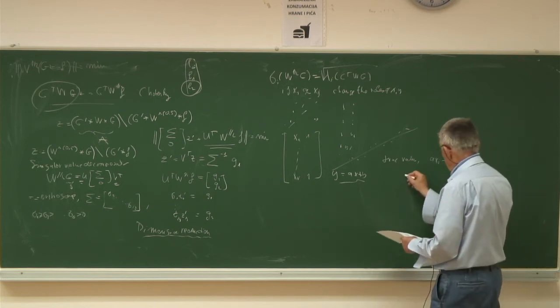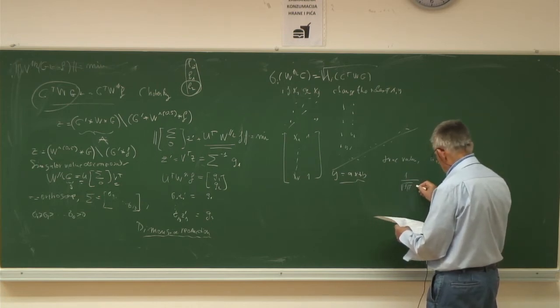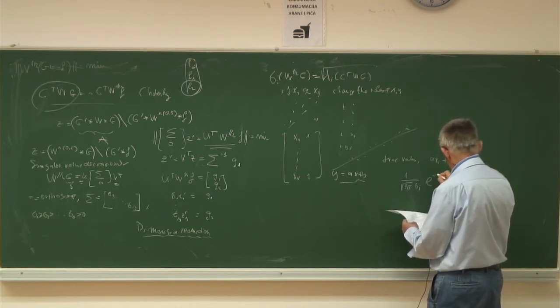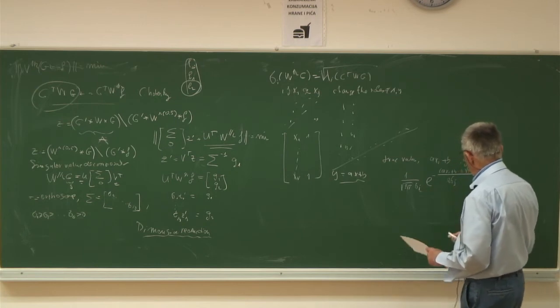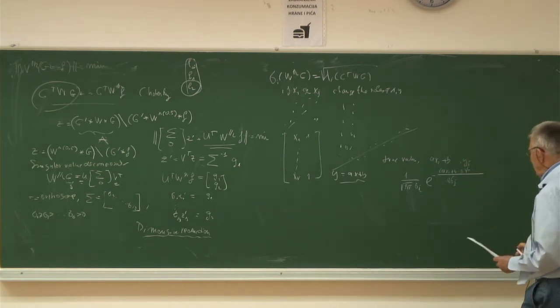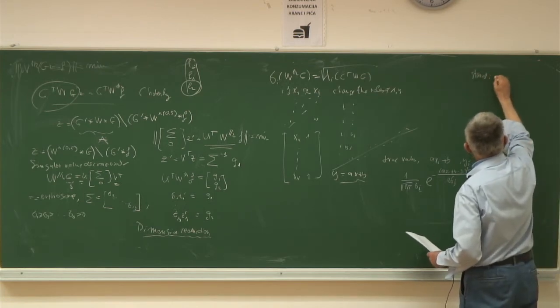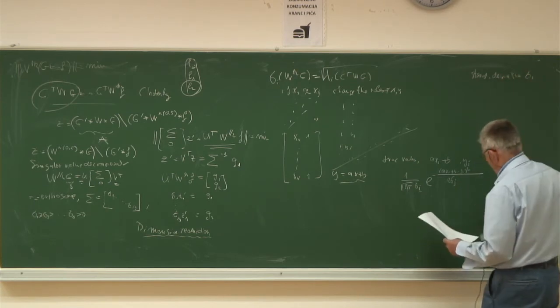That means that we have then the density of distribution, everybody knows that, 1 over sigma_i times e to the minus (a x_i plus b minus y_i) squared over 2 sigma_i squared. This is the Gaussian distribution density with standard deviation sigma_i.